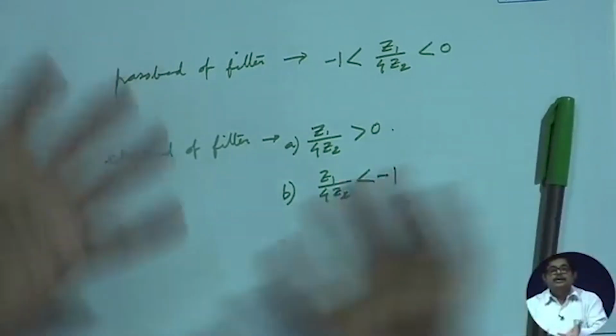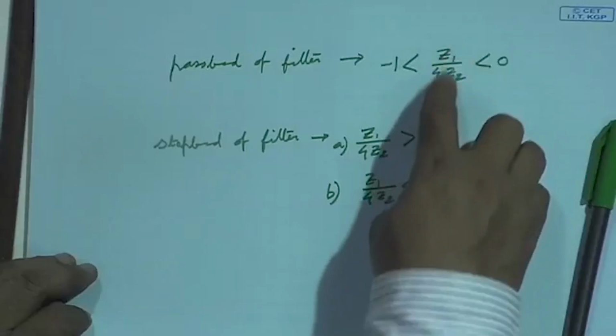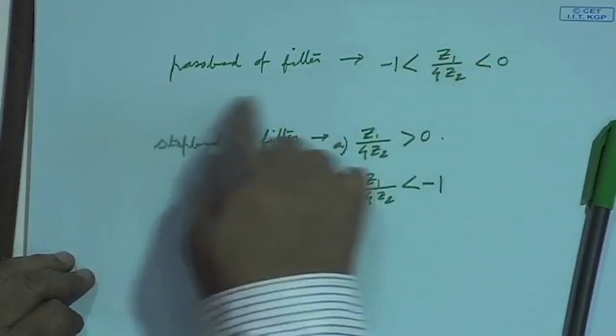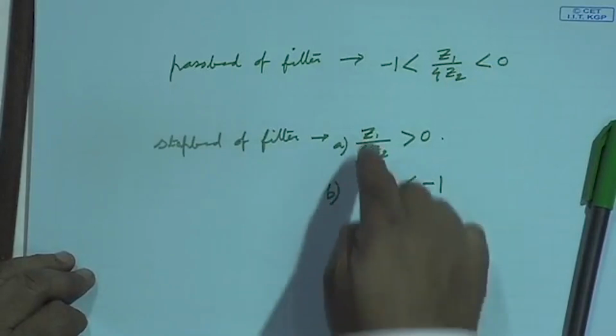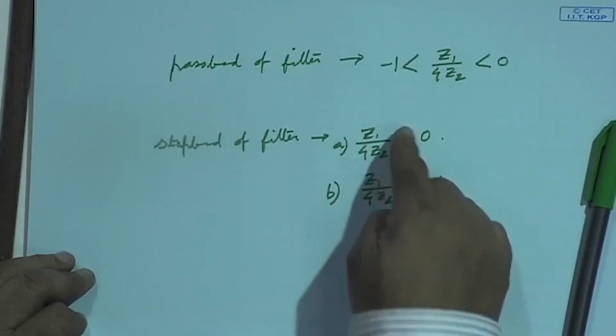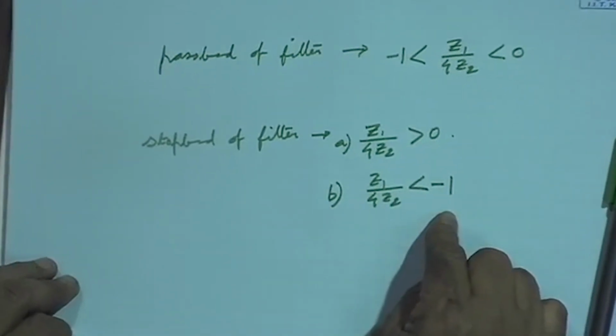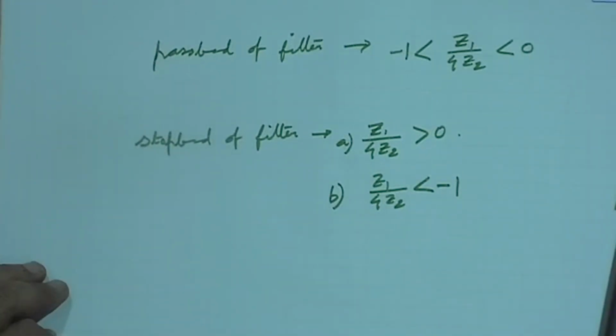We will see in the next lecture what is the implication of that. But what we have found is that if you want to have a passband, the two reactances, their impedances Z1 and Z2, the ratio Z1 by 4 Z2 should be within this range, then only you can have a passband. And if you choose Z1 by 4 Z2 either this or this, you get the stop band of the filter. Thank you.